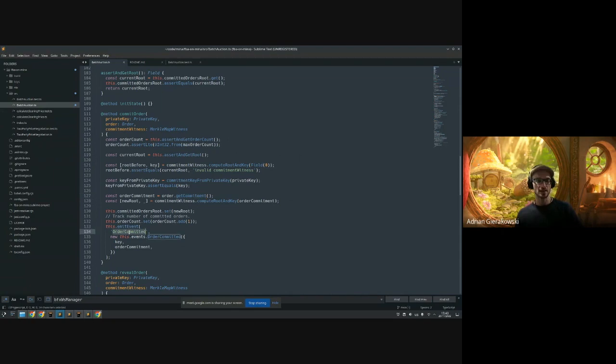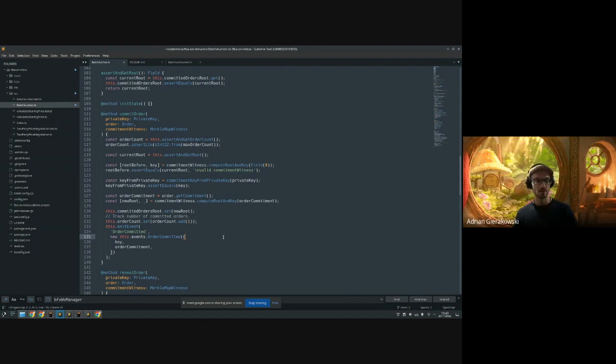And then the idea is that each time somebody updates the root, when they commit the order, the commitment and the key are emitted as an event. So external parties can monitor for those events and build up the state as it's updated.